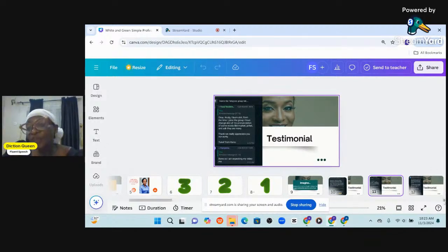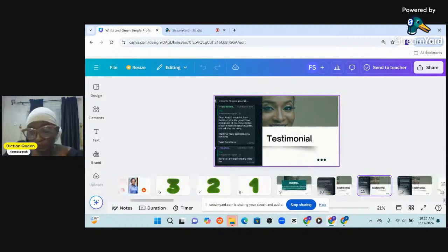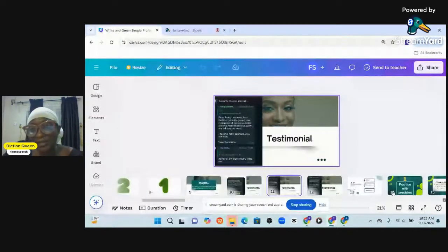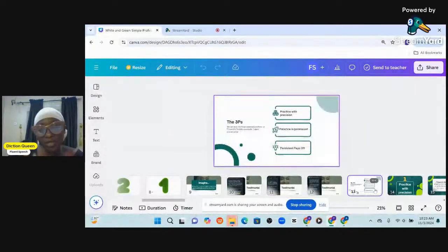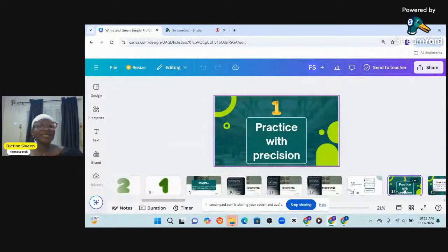And the first P is the P that says practice with precision. These are the three P's. But I'll start with the first P because to me, it seems like the most important P.